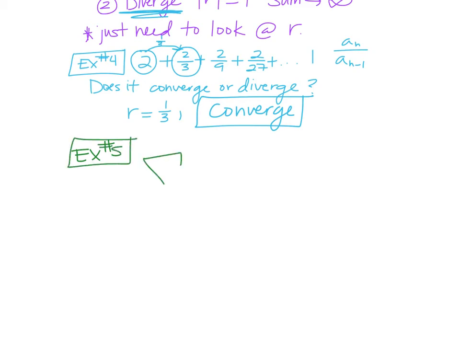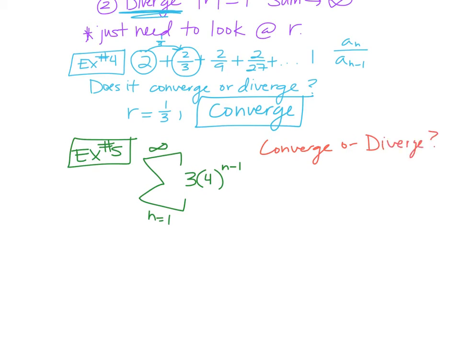Let's say you have n equals 1 through infinity, and our formula here looks like this. Okay, the question is, does it converge or diverge?